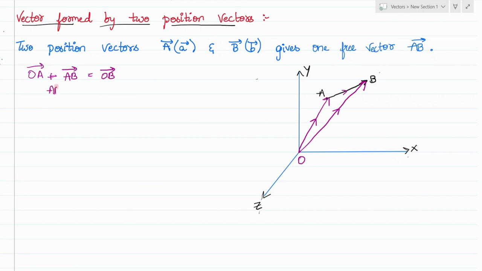So from here we can say that AB vector is nothing but OB vector minus OA vector, or we can also say AB is nothing but the position vector of B minus the position vector of A.